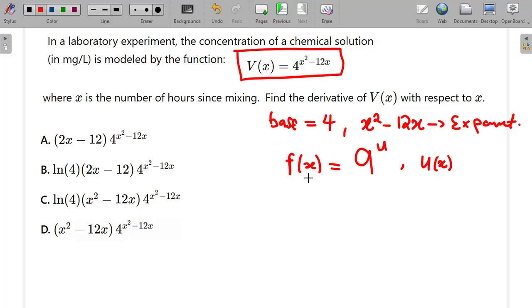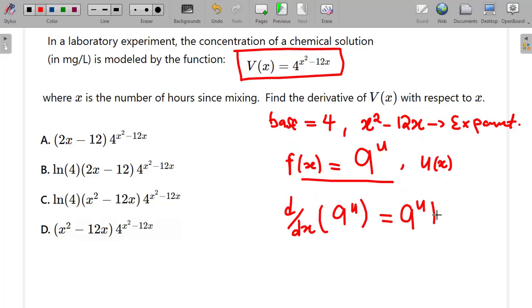When I differentiate such a function, the rule is that the derivative with respect to x of this a to the power u, where u is a function of x, will simply be equal to a to the power u, and then you write ln of the base that you have, which is just a, and then you multiply this with the derivative of u with respect to x. So you say du dx. So this is the rule that we use.